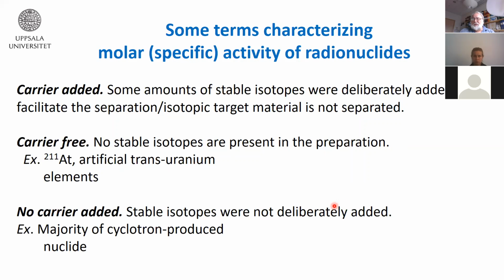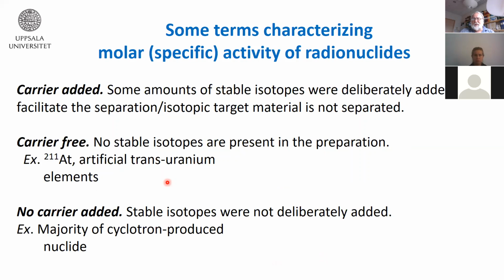They do not exist in mother nature, so they could not be in the preparation, so it might be truly carrier-free. One could discuss if you have a non-isotopic carrier, but generally speaking it's carrier-free. The same is, for example, the therapeutic radionuclide astatine-211.